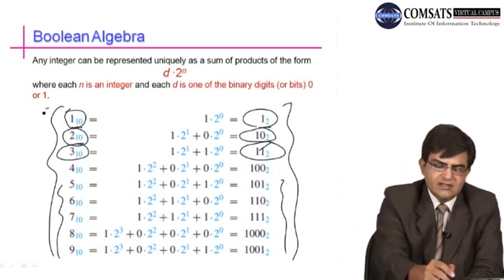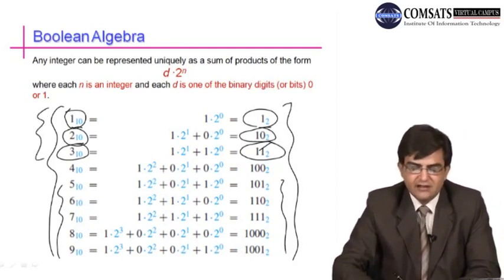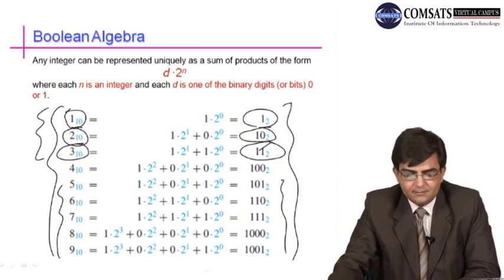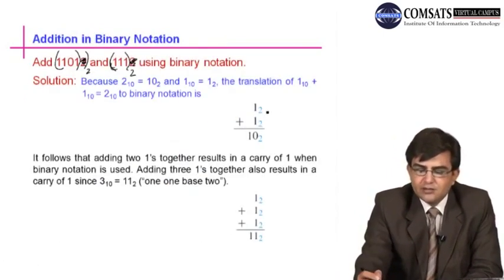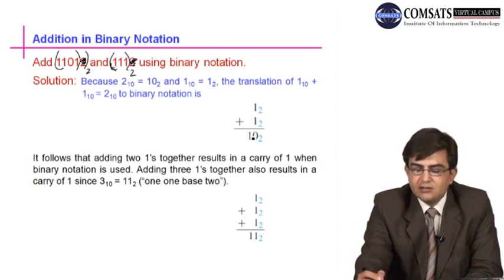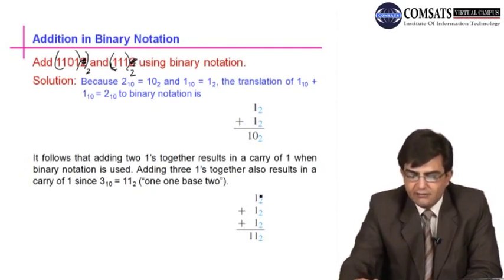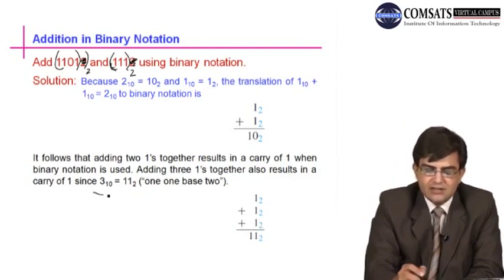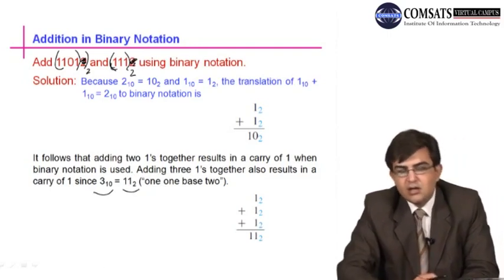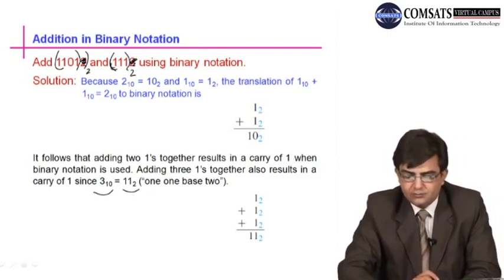If you remember these 3 numbers, that will be enough in binary addition. So 1 base 2 plus 1 base 2 is basically 10 base 2, and similarly if we have 1 base 2 plus 1 base 2 plus 1 base 2, this is 11 base 2, as 3 base 10 is equal to 11 base 2.